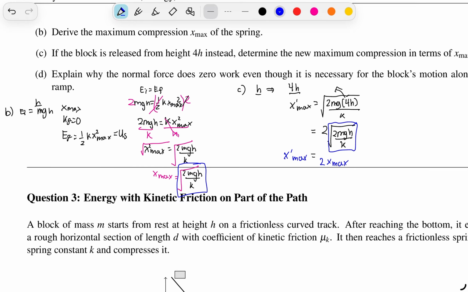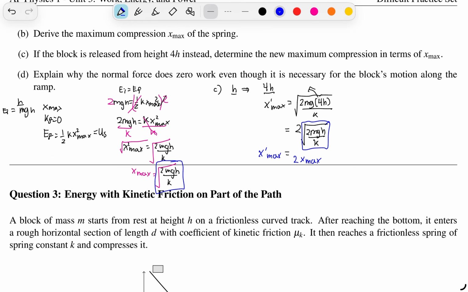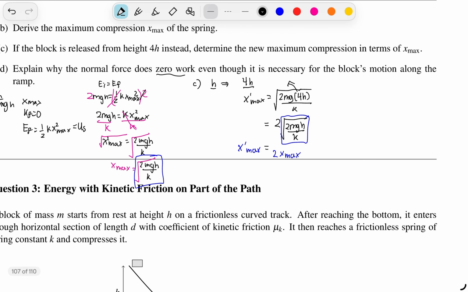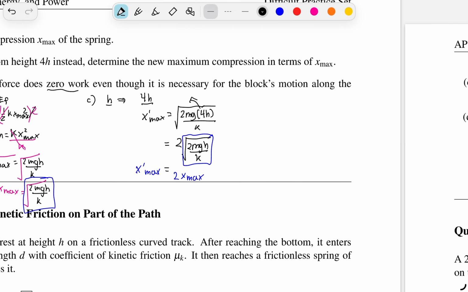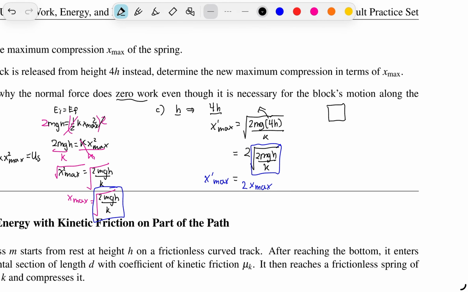Now we are asked to explain why the normal force does 0 work even though it is necessary for the block's motion along the ramp. We have to remember that when our block is on the ramp, it has the normal force that's perpendicular to the point of contact, and you have your force of gravity acting at the center of mass, pulling it down. These forces are in your vertical direction.